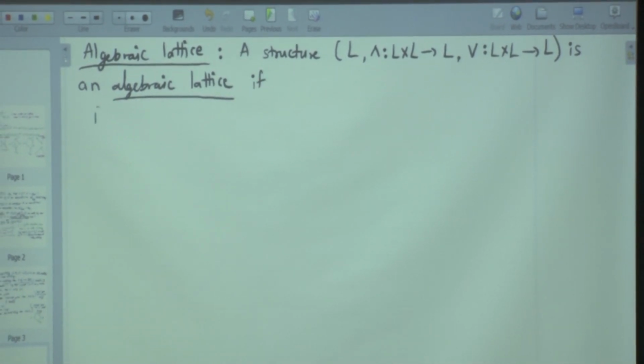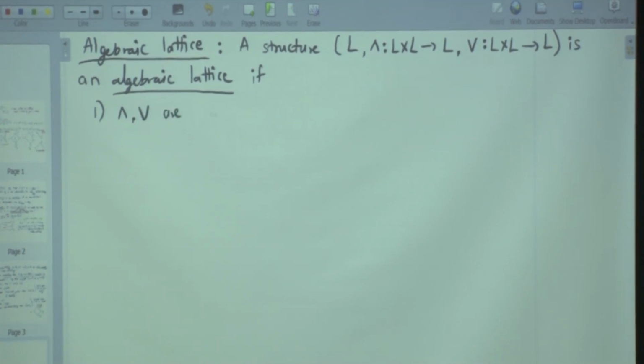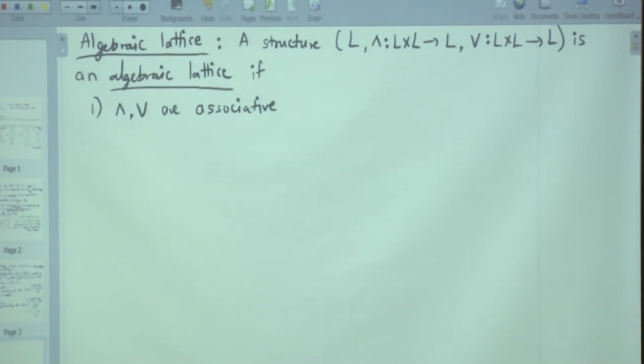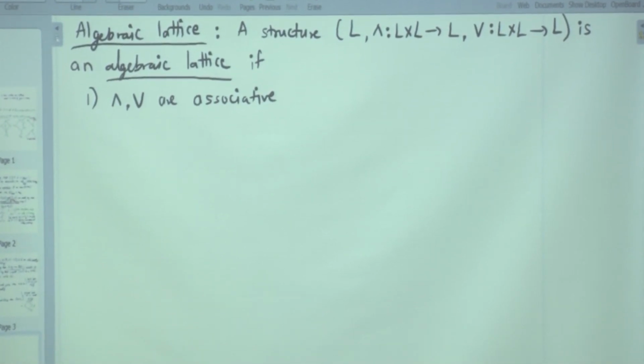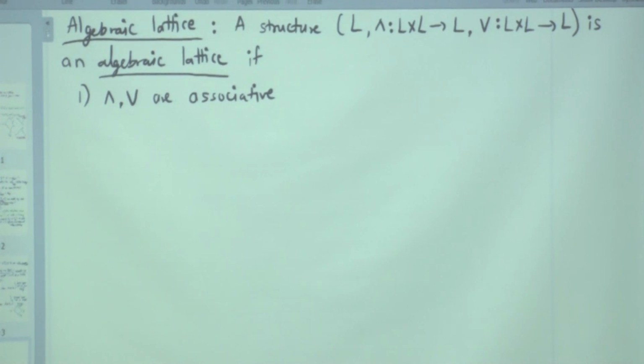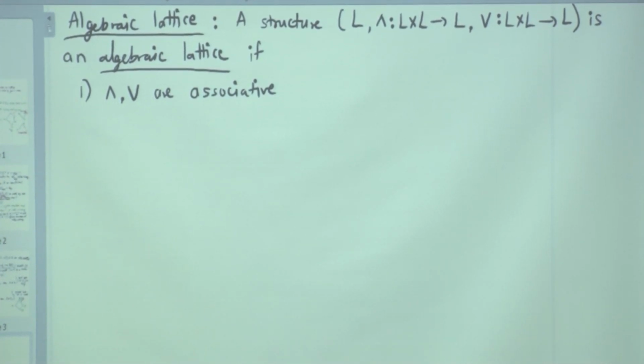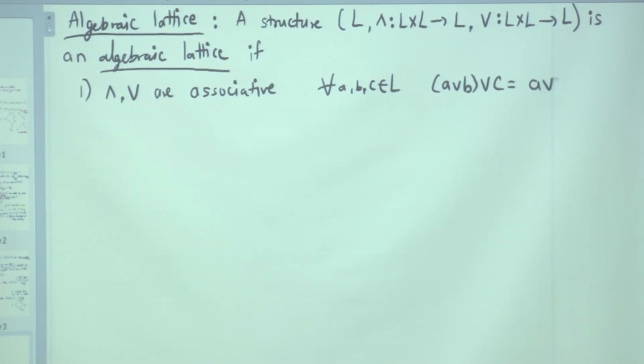It is an algebraic lattice if, first, meet and join are associative. Associativity, all of you know what I mean. A join B join C is equal to A join B join C. Maybe I should write it down: for all A, B, C in L, A join B join C is equal to A join B join C, and similarly for meet.